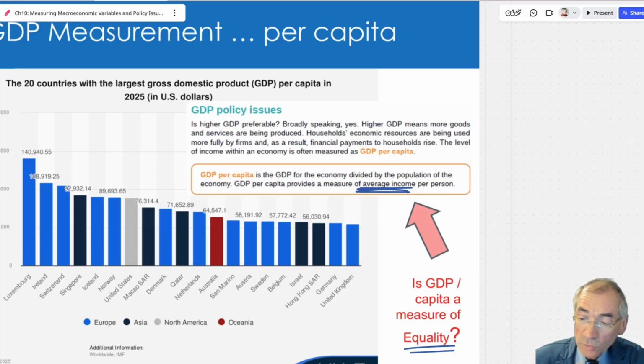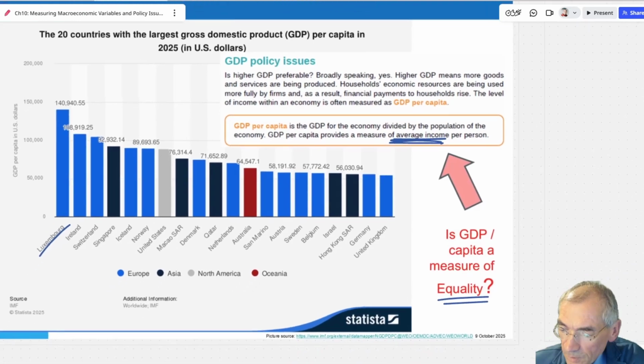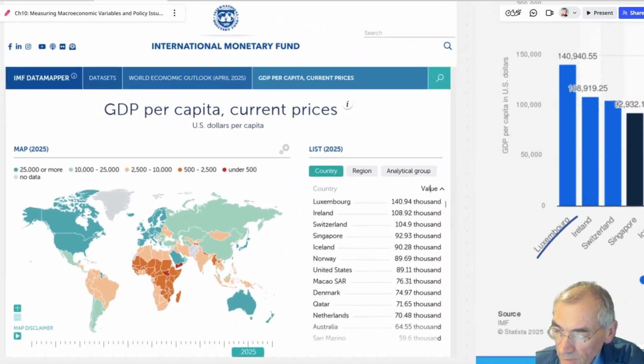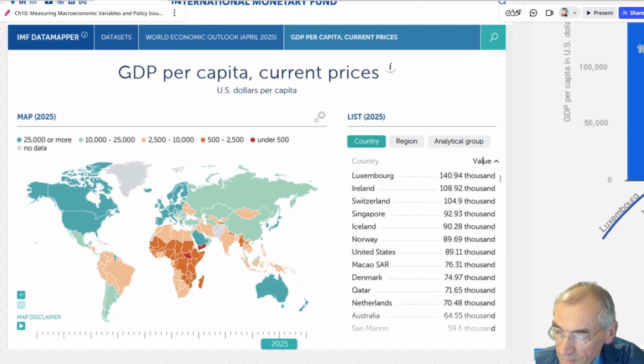Have a look at the countries. The country with the by far highest GDP per capita is Luxembourg. Check where the United States, where other European countries are, where the UK is, where Germany is, and so on. And do you have a feeling that this really reflects welfare, well-being, or things like this?